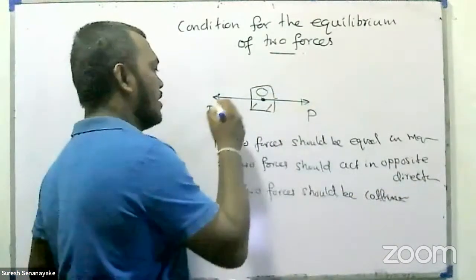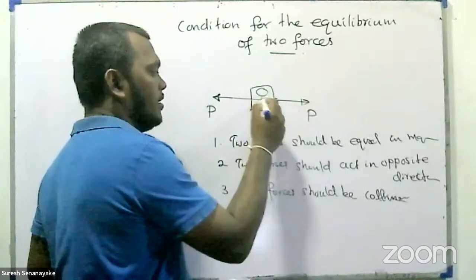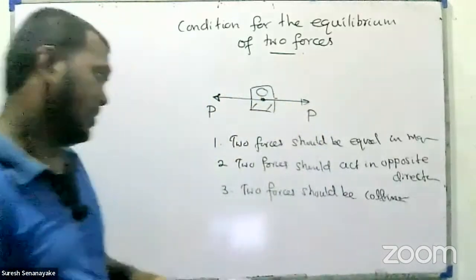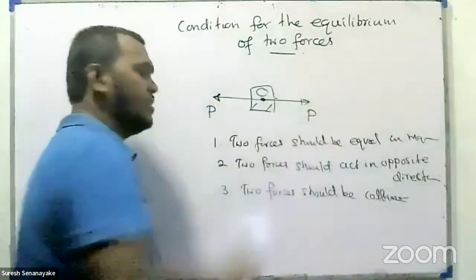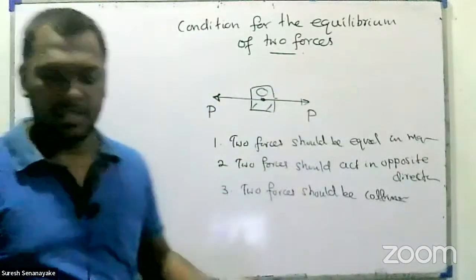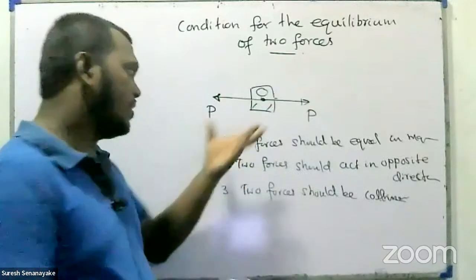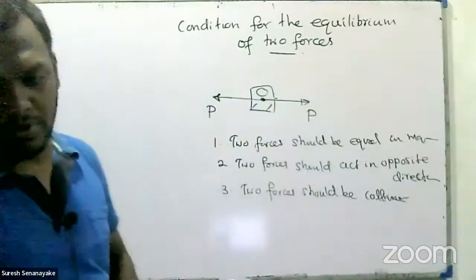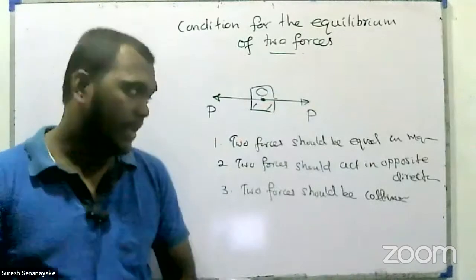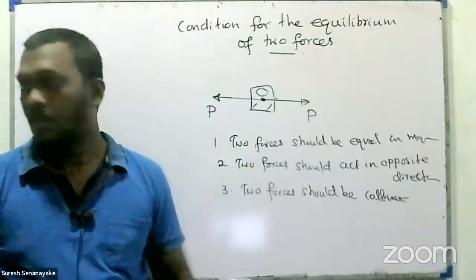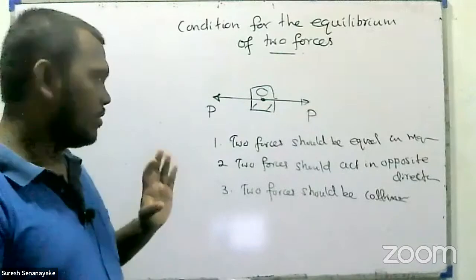If two forces acting on the body are equal in magnitude, opposite in direction, and in the same line of action, then we can say the object is in equilibrium. Their resultant force is equal to zero, and the moment of the forces about any point on the plane is also zero. Okay, you can draw this.